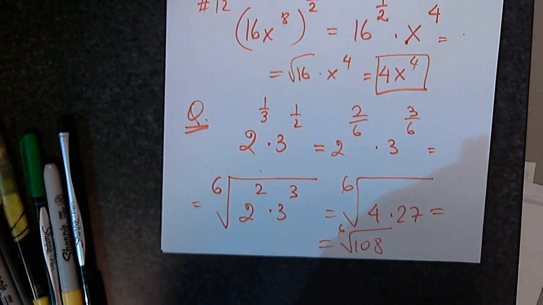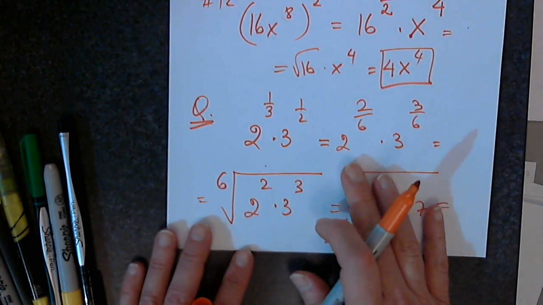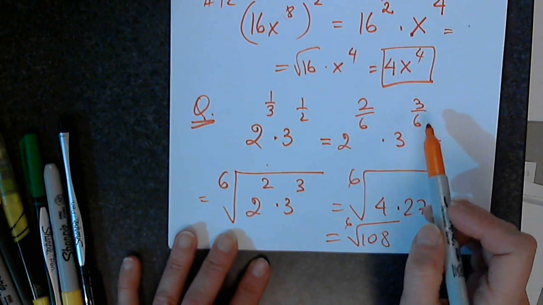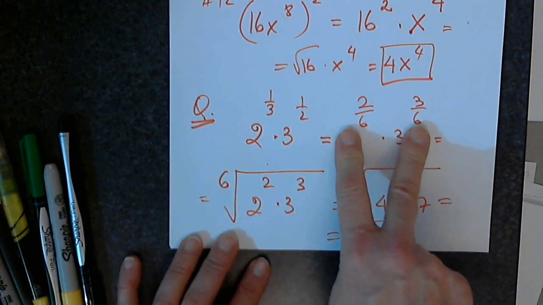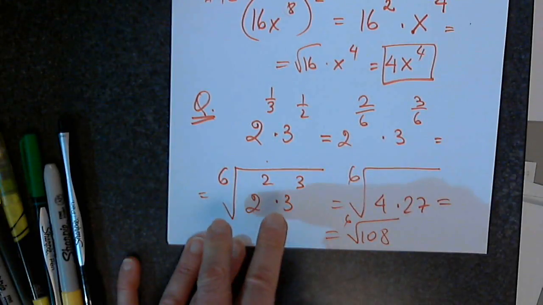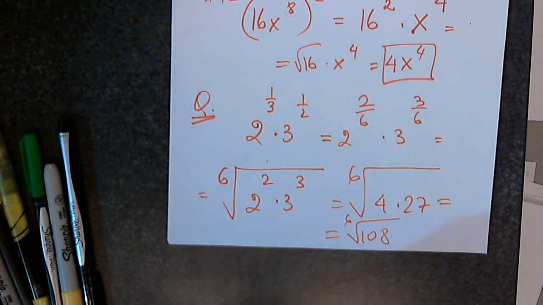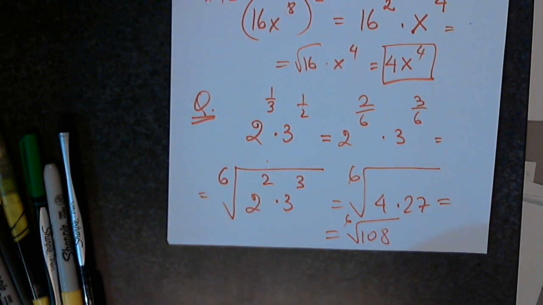So I can go back and forth. This is the 6th root of 2 squared, and this is the 6th root of 3 cubed. I'm allowed to multiply them because they have the same index, and that's how I wrote this. So all those rules go from left to right and from right to left. The ones that are valid, not the one with the sum or the difference, because that's not allowed.